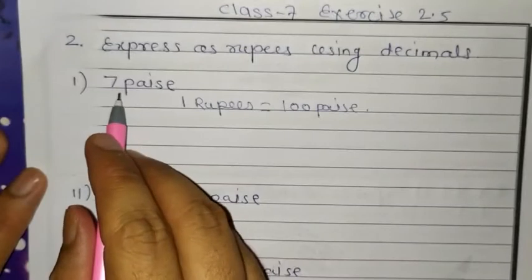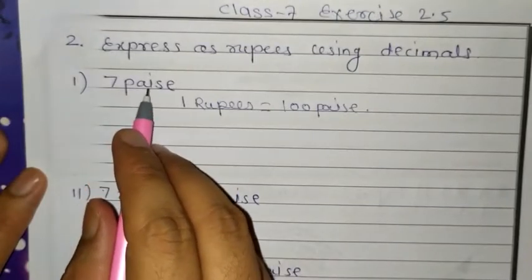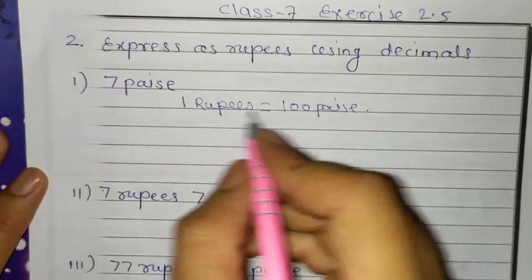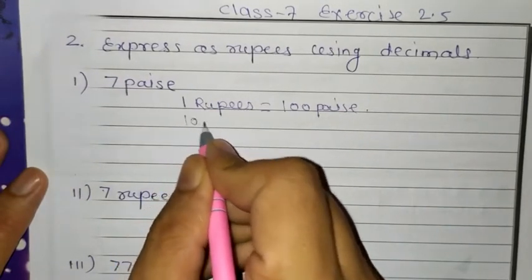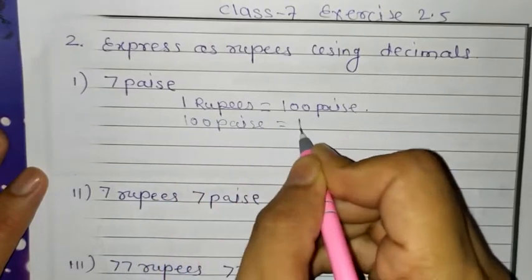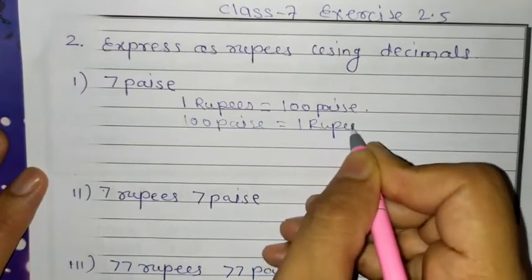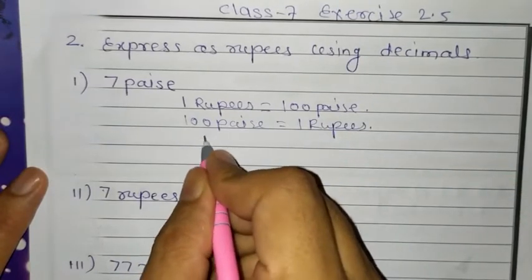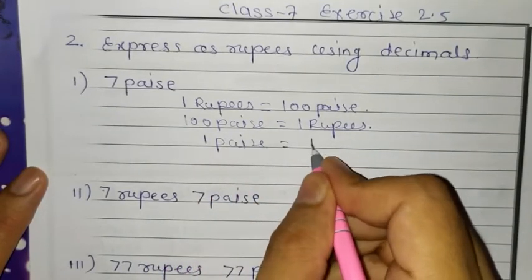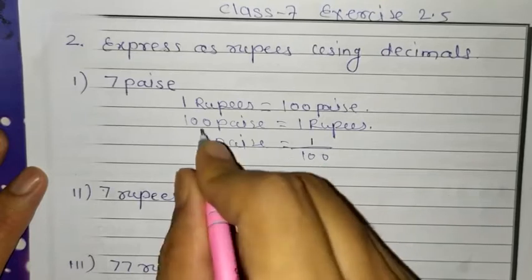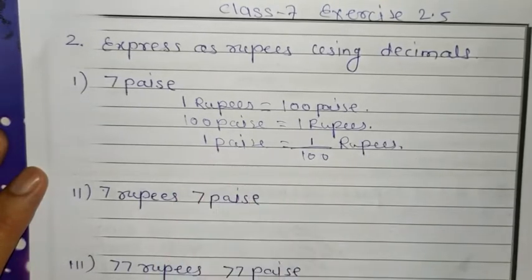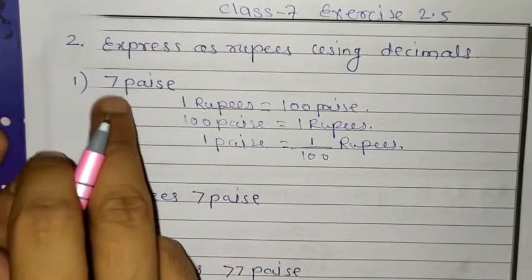So here we should know how much 7 paise is in rupees. First I change the side, and then I write 1 paise equals 1 upon 100, because that 100 I am shifting to the other side. So finally we got the value of 1 paise, but we want 7.